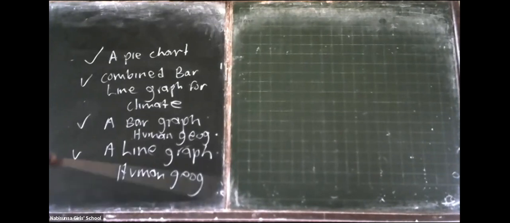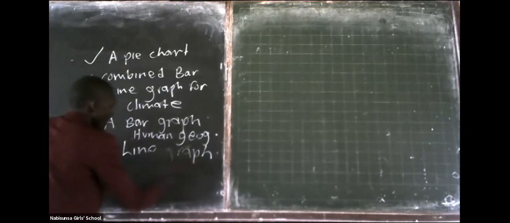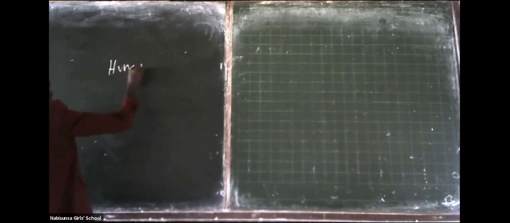Remember, this bar line graph is for climate, that's physical geography, anything made by God. But this one is where we talk about human geography.